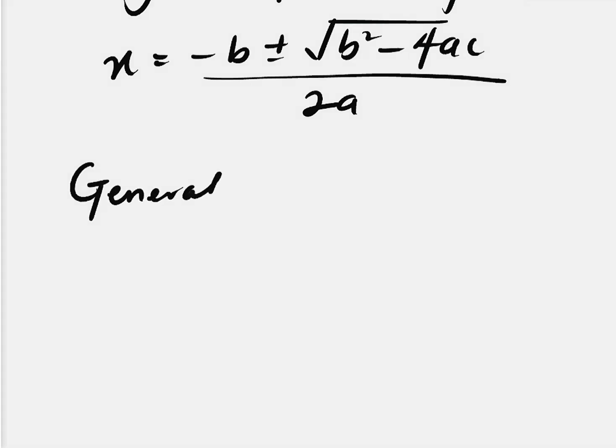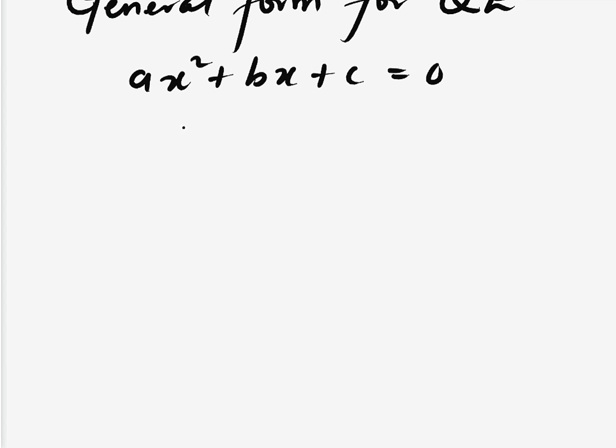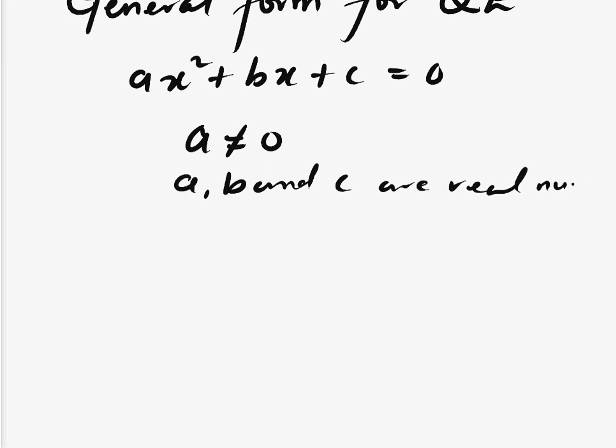The general form for a quadratic equation is ax squared plus bx plus c equals 0, where a cannot be 0, and a, b, and c are real numbers. They are real numbers.